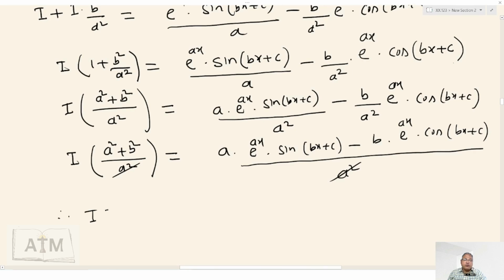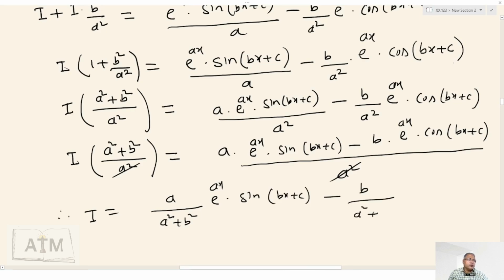Therefore, I equals a/(a²+b²) e^(ax) sin(bx+c) minus b/(a²+b²) cos(bx+c).